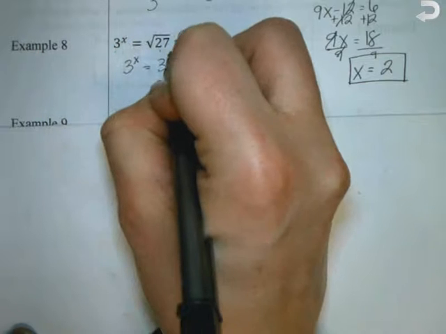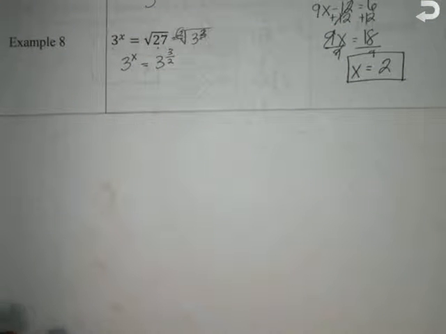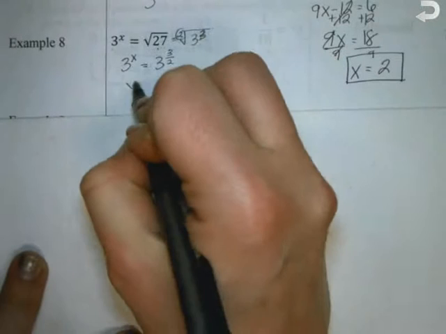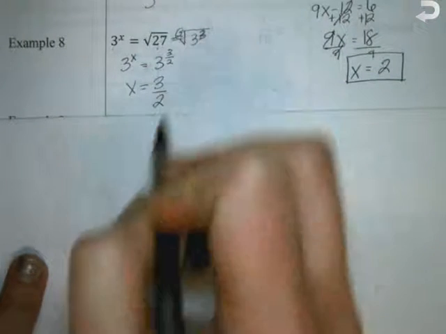This is from unit 6. Okay? So we have the same base now. So now I can just drop those bases and x equals 3 over 2.